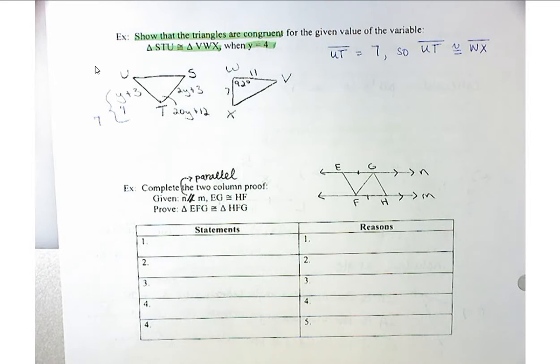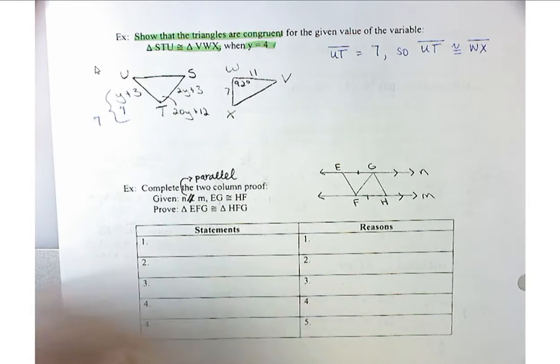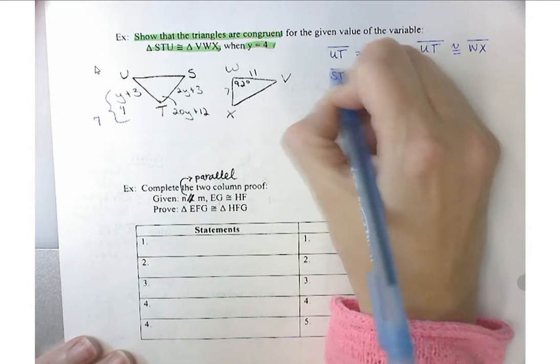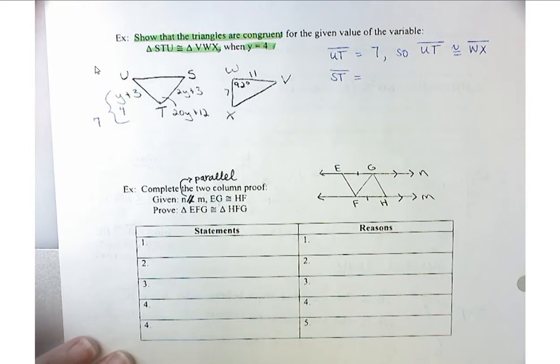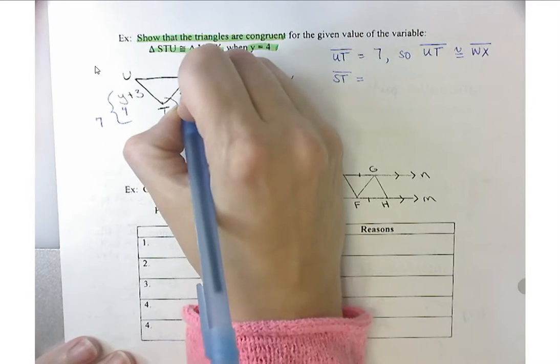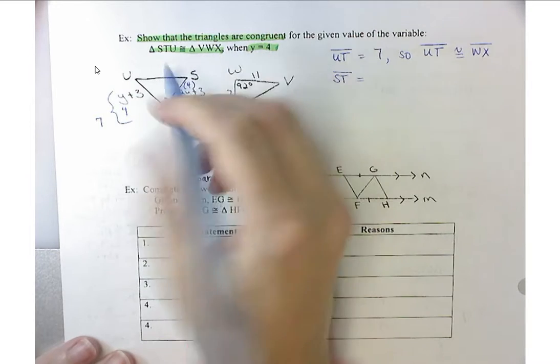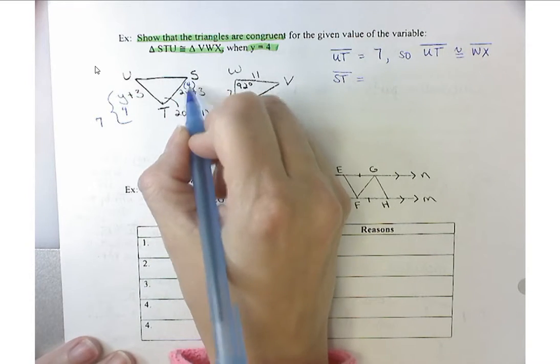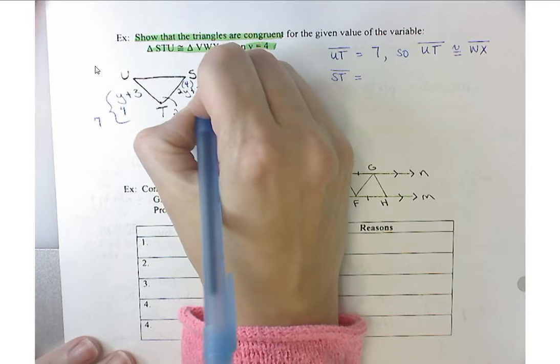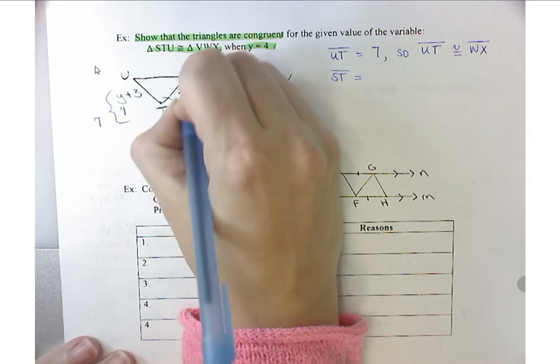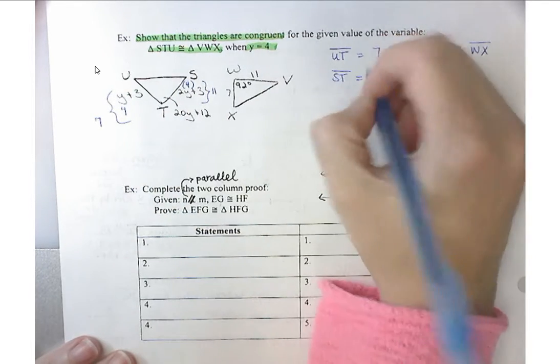All right, and then, Kaden, what's the other part that you found? ST. Yeah, ST. Good, okay, and what is ST going to be? 11. Let's check it. So when you plug in 4, you get 2 times 4, which is 8. 8 plus 3 will be 11. Okay.